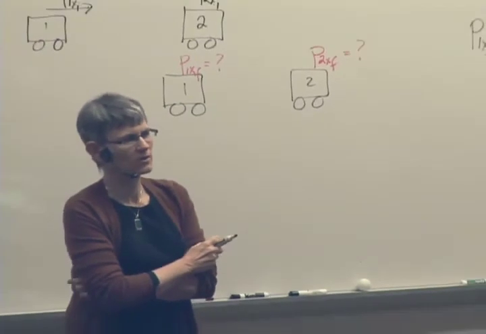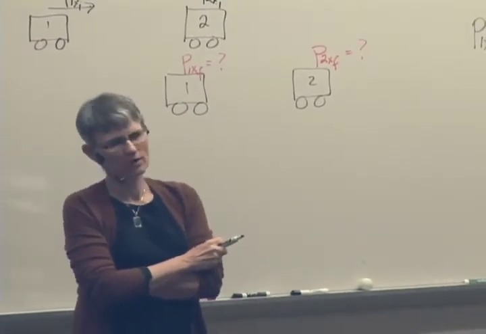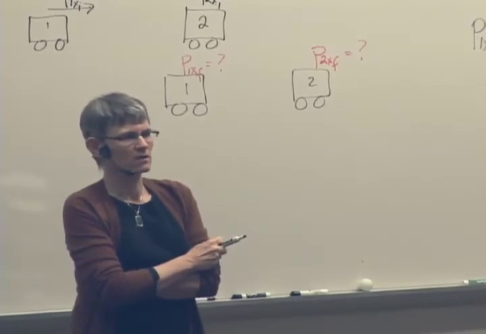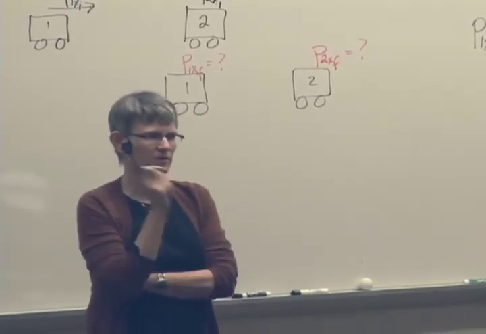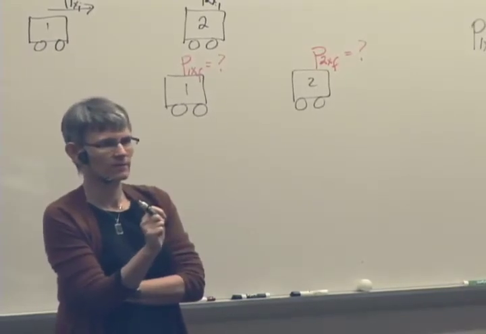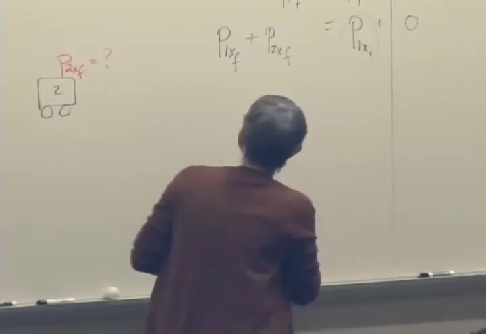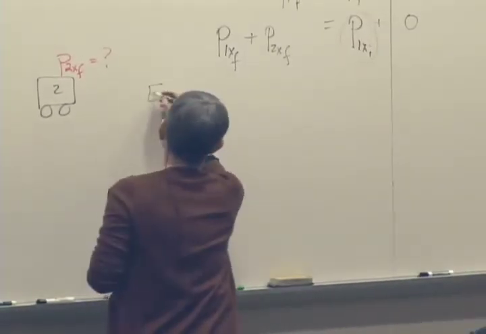How many unknowns do we have in this equation? We have two unknowns, and we've only got one equation. So we don't have enough information to solve with the momentum principle alone. All we know is the sum. So we better try the energy principle.